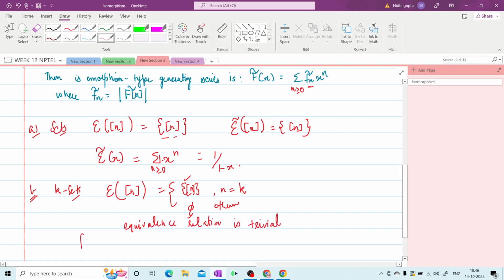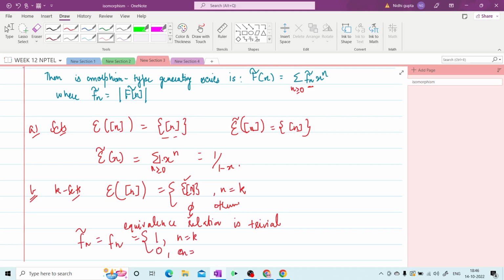So we'll have that f̃n will be equal to fn, which was 1 if n equals k and 0 if n is not equal to k. So the isomorphism type generating series for this will be just x raised to the power k.